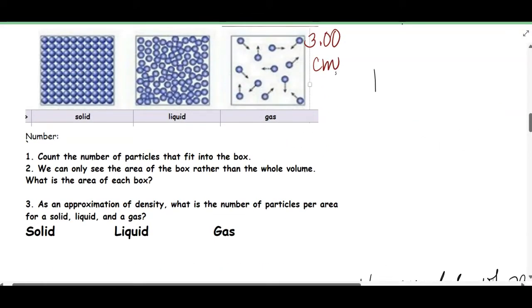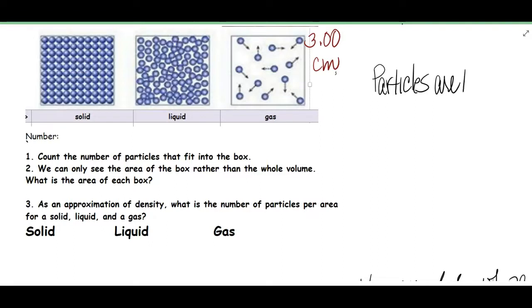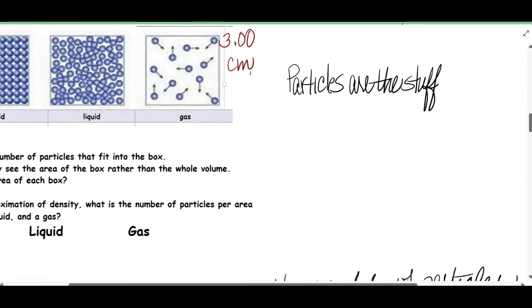So particles have a mass. Particles are the stuff in matter, and they have mass.